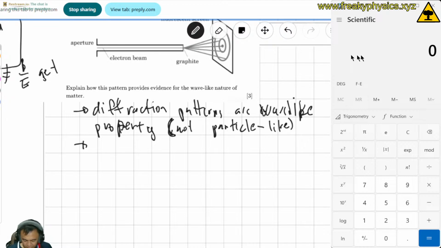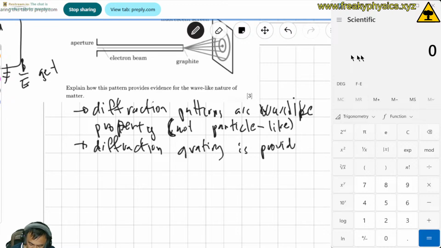Now the second part is electrons. The electrons must go through a diffraction grating. The diffraction grating is provided by the graphite.